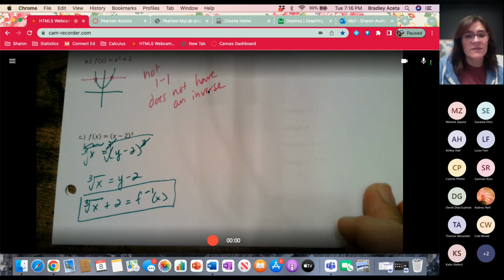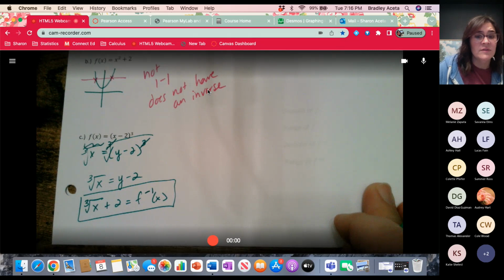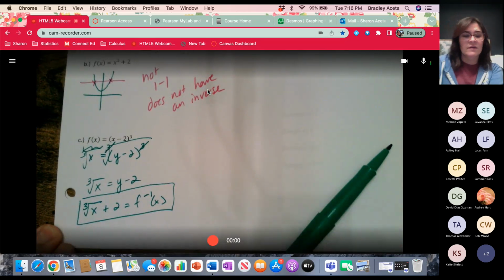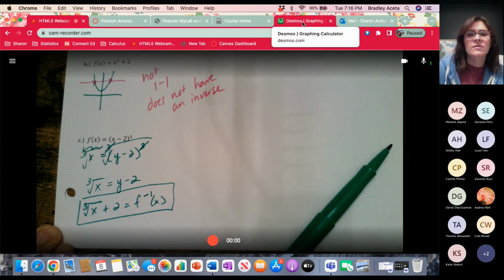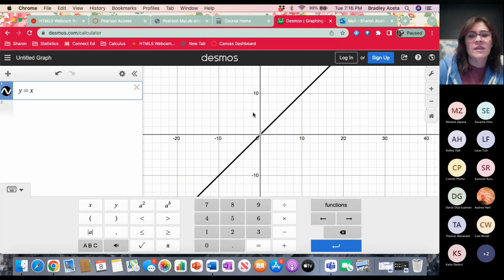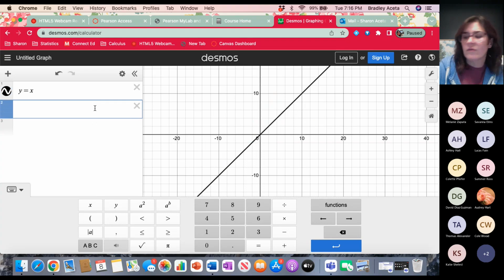And I think it's always important to double check here, make sure that we did it right. I like to always look at the graph of it. Let me go to Desmos. I'm going to keep this y equals x line because I want it to flip over that.